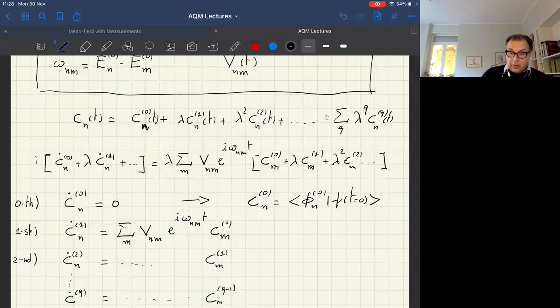Now, once you know this, you can put it here and solve for the first order equation.